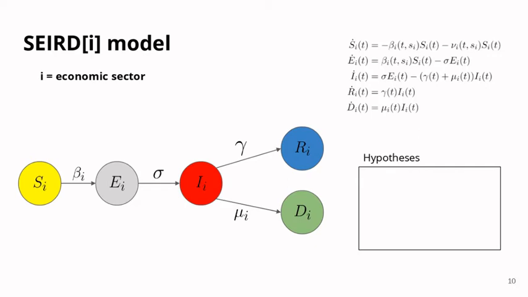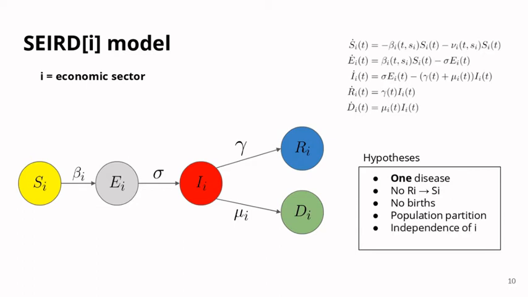So the hypotheses of this model, again: we only consider one infectious disease. There are no reinfections. We consider no new births, so the sum over these 5 compartments stays the same. The population partition indexed by the letter i is again by the economic sectors and not by a specific region, and all of these economic sectors are independent.